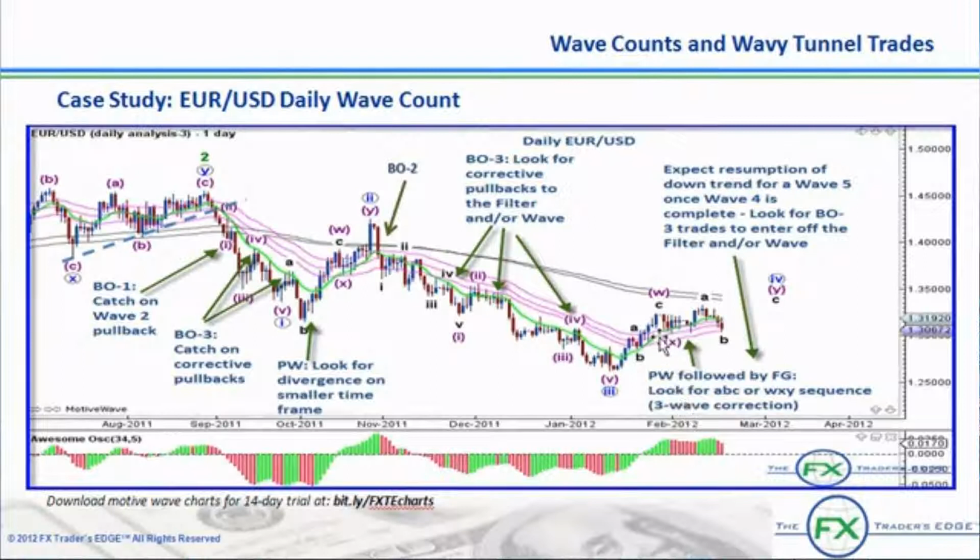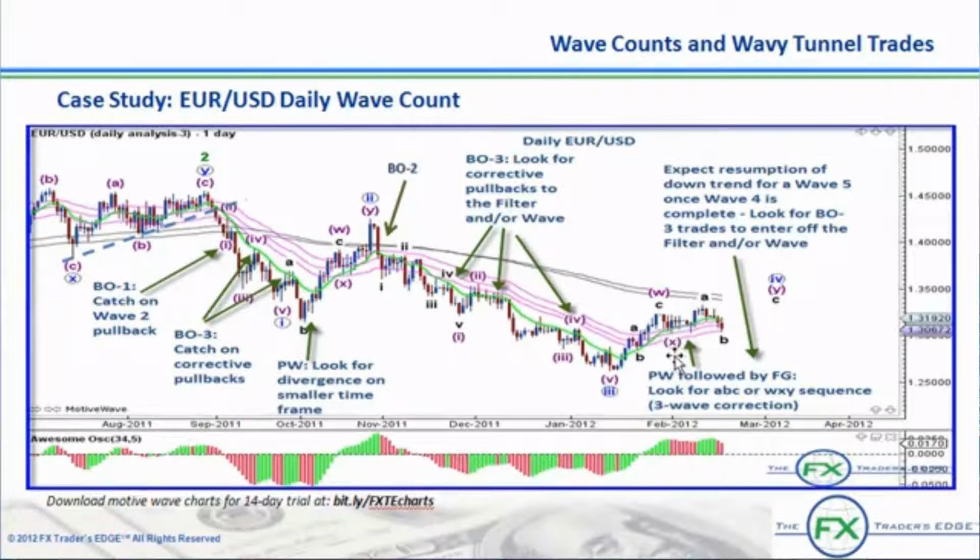But what happens? Instead of a 5-wave move down for the initial wave 1 to start the move, we have a 3-wave corrective down, which sets off a little alert to say, okay, the correction isn't over yet. Perhaps we're going to have a combination correction, which is indeed what we have.